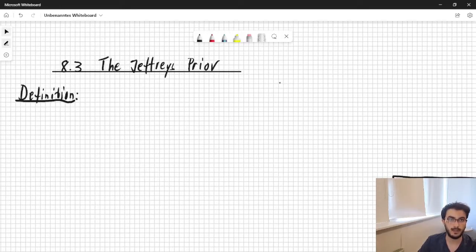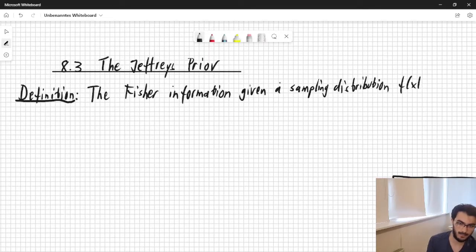There's a measure called the Fisher information. Maybe I should start with this definition. It is defined as the variance of the derivative of the log likelihood with respect to theta for any given theta.